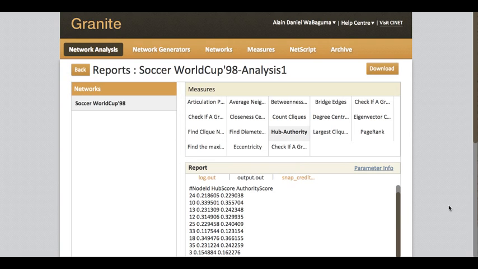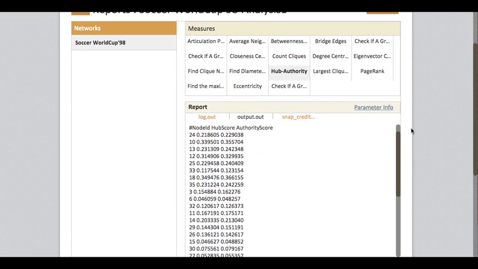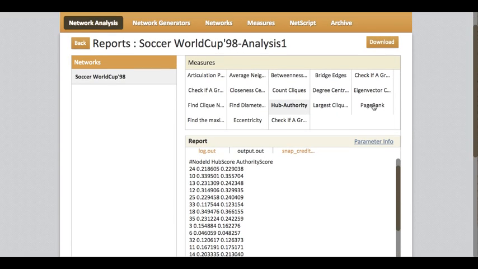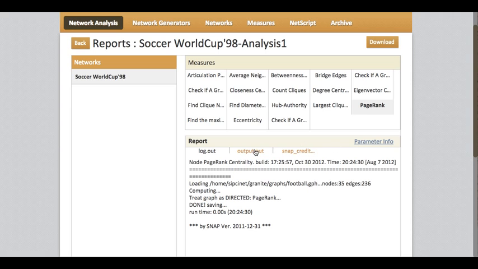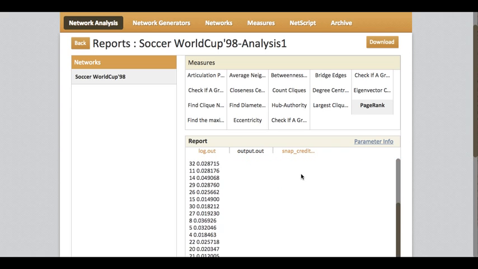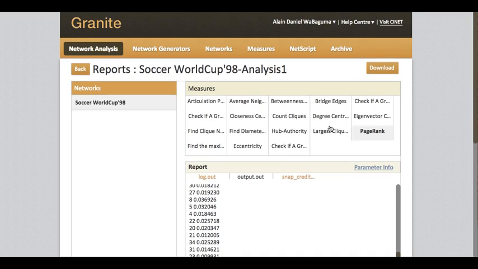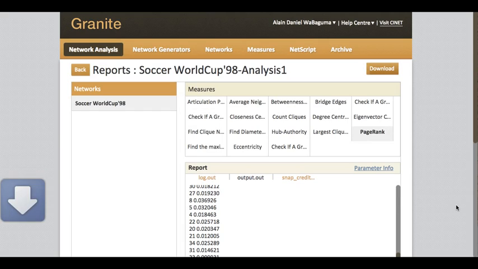So for now, I will go ahead and download hub authority. And then page rank. And this one also will need Excel sorting. And there I will explain my observation.